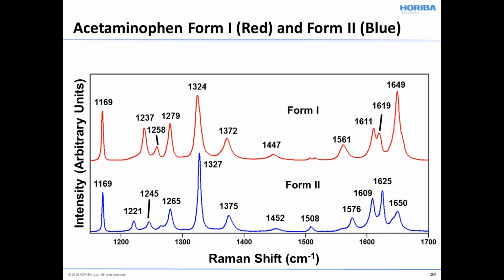And so if you have two compounds that are of identical crystal forms, then all the peaks will be at the same peak position. Take these two right here. However, not all the peaks match up and are at the same peak position. So even in the high region, for example, 1327, 1324, there's a 3 wave number shift between these two peaks.